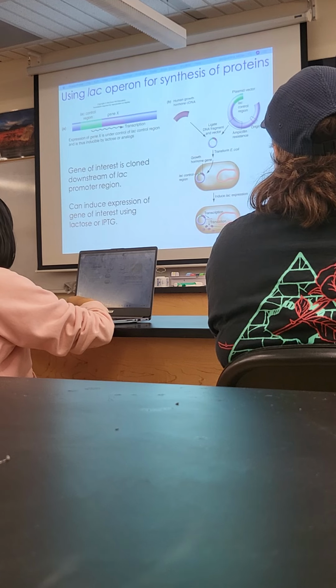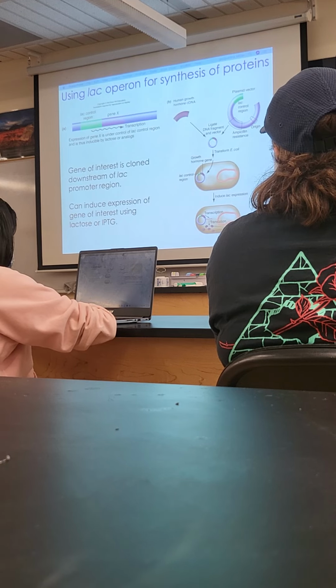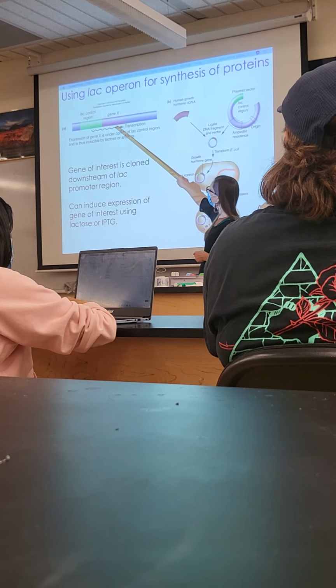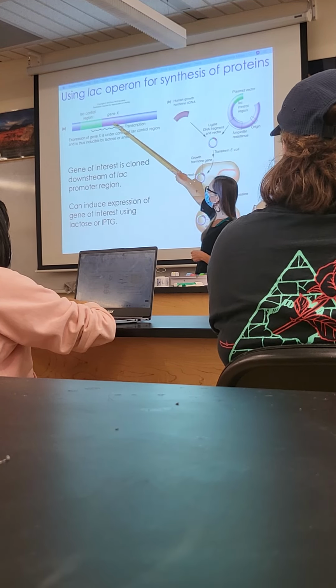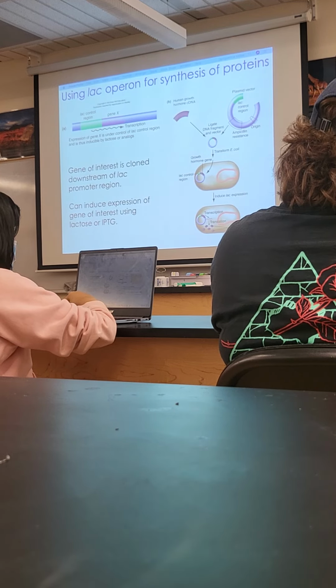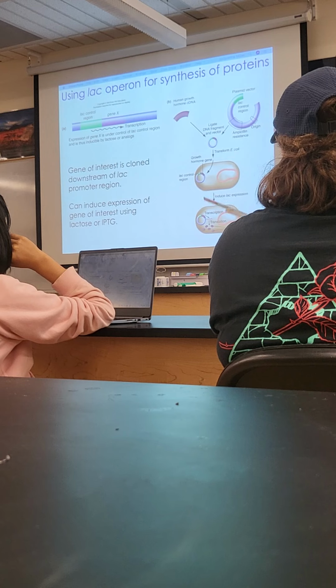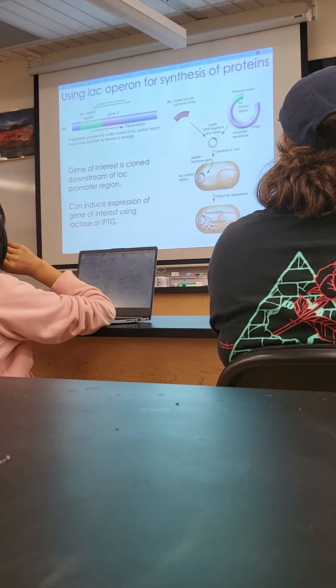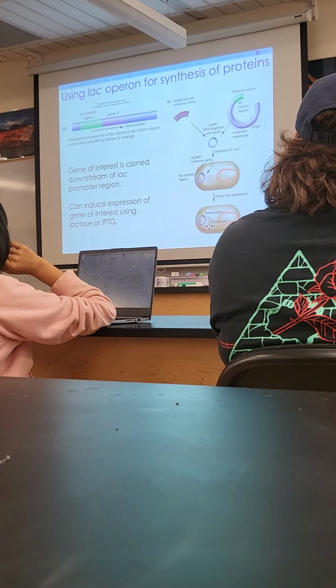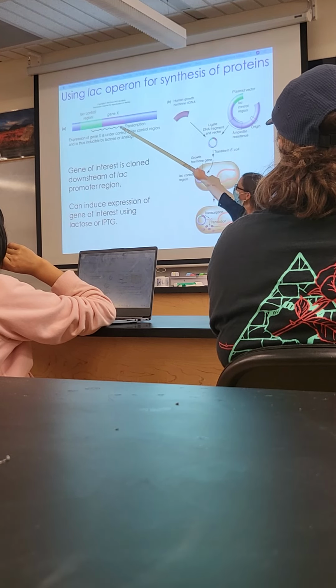It doesn't have to control expression of lac Z, lac Y, and lac A. So in the case of a lot of biotechnology, we will put a gene of interest downstream of the lac promoter region, and then that makes it inducible for us. When we want to turn on the gene, we add IPTG, and it starts producing whatever gene we put downstream.